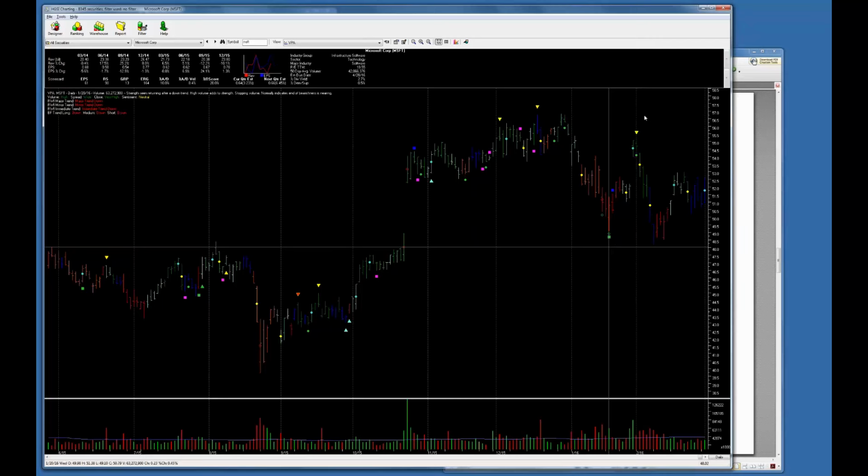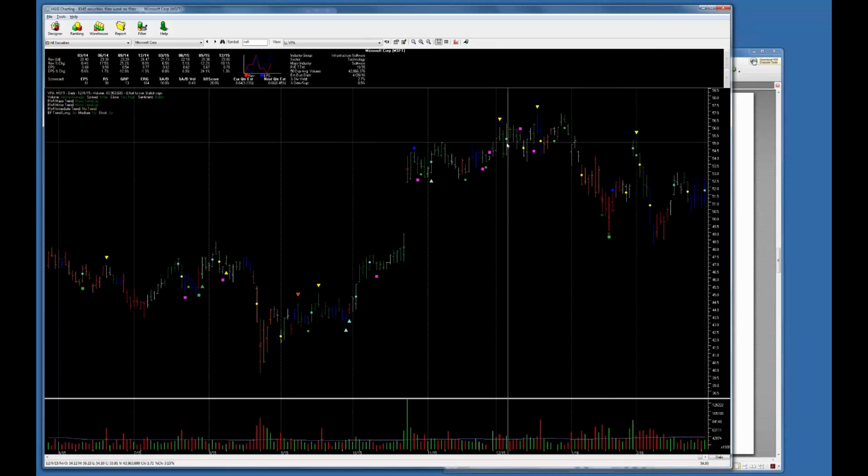And then flags drawn at the top are generally peaks and indicate it's run out of steam and it's going to go the other way. And it's not completely true, but more so than not. So when the VPA flag is in the middle, it's kind of an indecision point, which means the next couple of days are more significant.